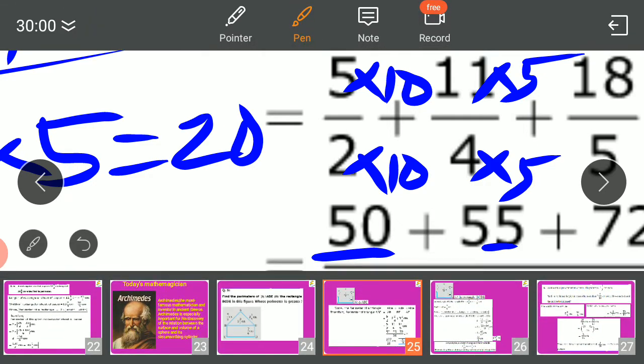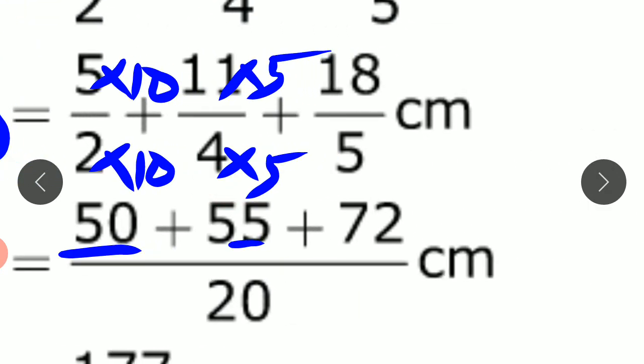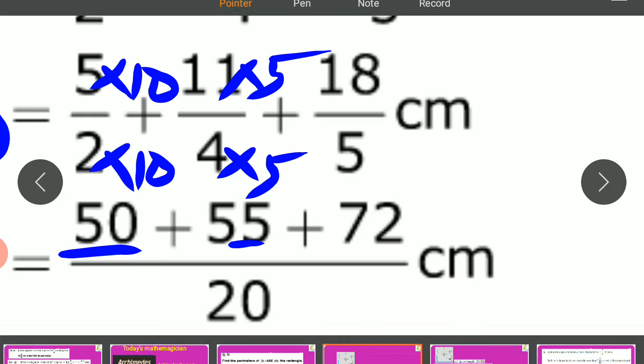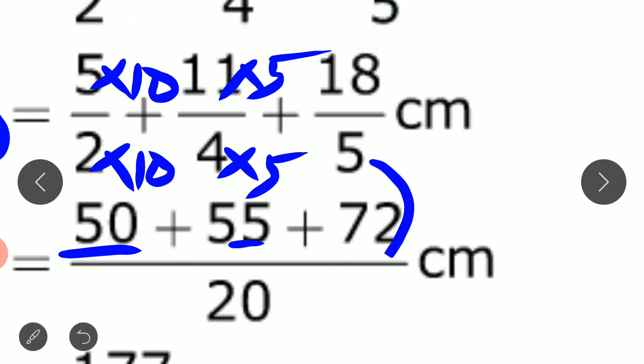Then let's take the third fraction. What is the denominator? 5. With 5, what is to be multiplied to get the denominator 20? Because after finding the LCM, 20 is the common denominator for each fraction. With 5, what is to be multiplied to get 20?